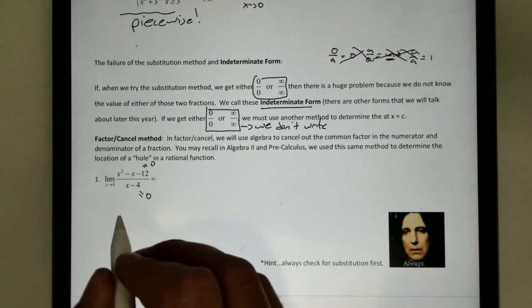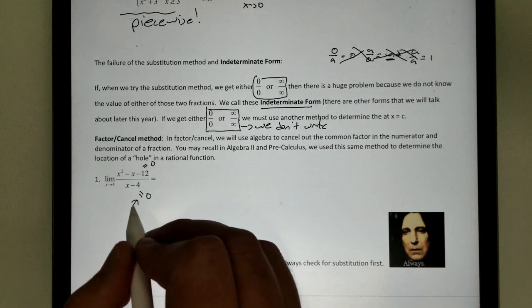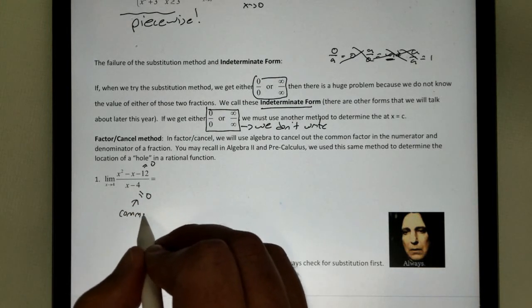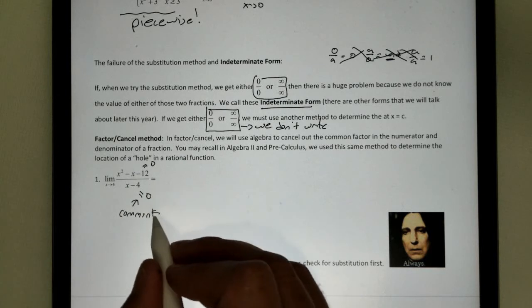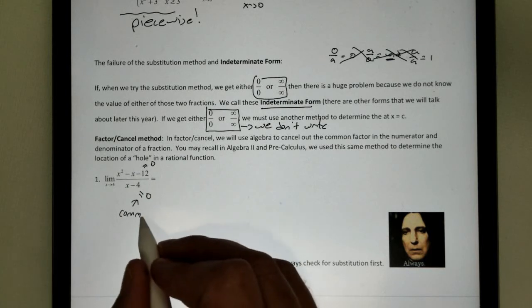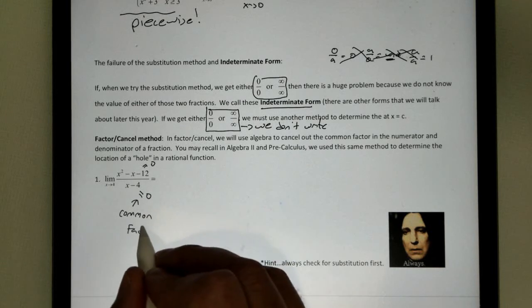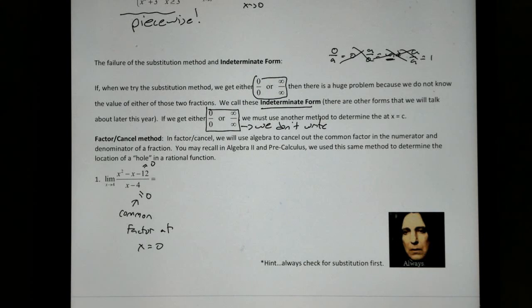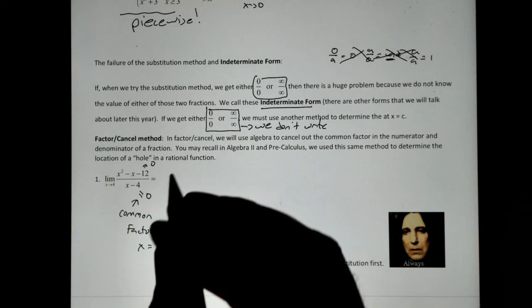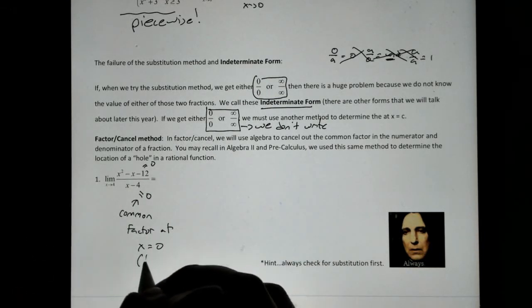So what this is telling me is that these have a common factor. All this tells me is that there is a common factor at x equals 4. That's all that tells me. We have a common factor here. So they'll cancel out. In other words, a hole.